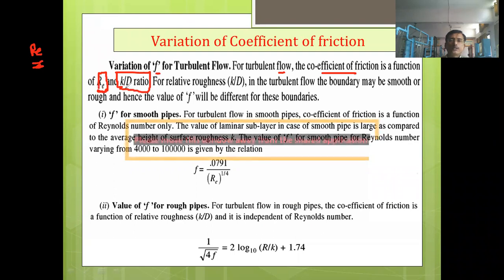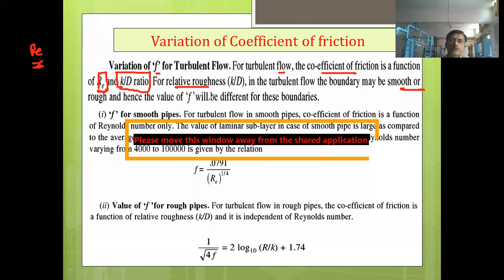This k by D is nothing but it is called as the relative roughness. For the relative roughness in the turbulent flow, the boundary may be smooth or rough, and hence the value of f will be different for these boundaries. Okay, so relative roughness is important.